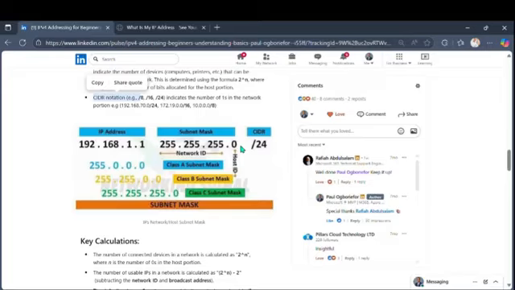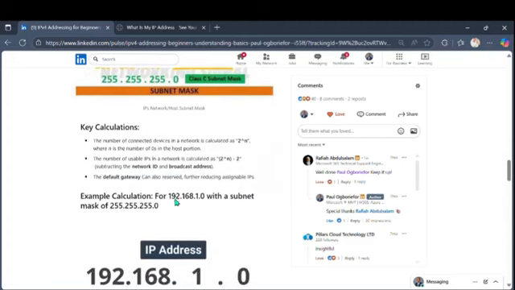If that is the case, this will be /8, because this is the only one that is turned on. Then /16, and then /24. Anywhere you see 255 means there are 8 bits turned fully on there. Anywhere you see 0 means there are 8 bits turned completely off there.